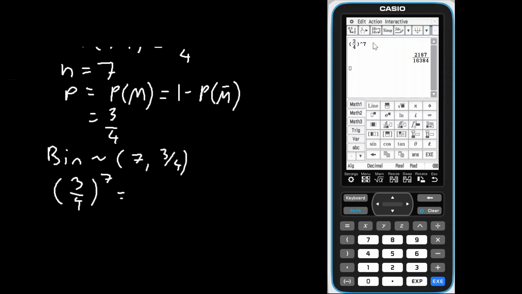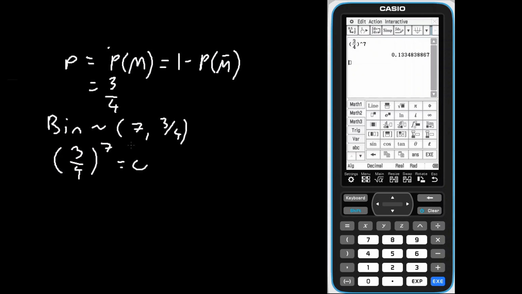So let's convert that to a decimal. So 13% chance. Okay, so we've got 0.1334, and so the probability is going to be equal to 13.3%. Okay, so that's the first part.